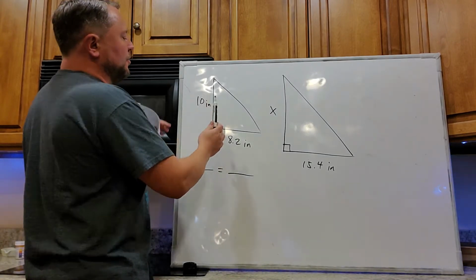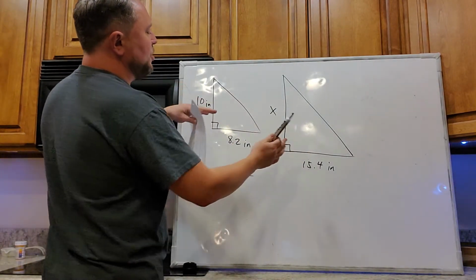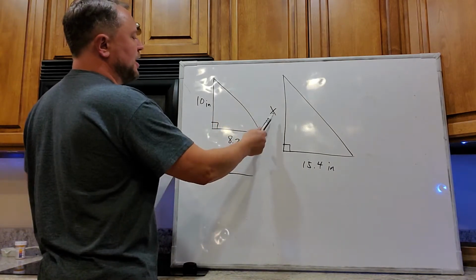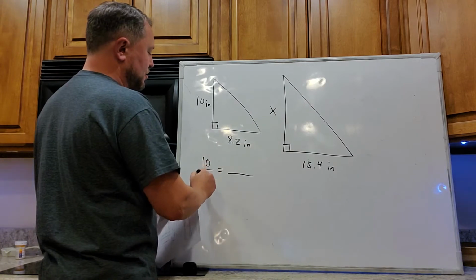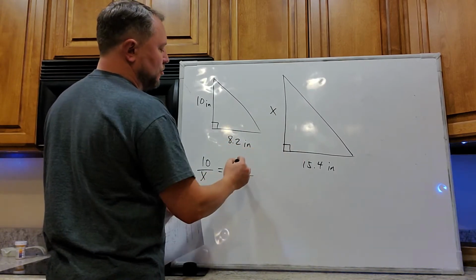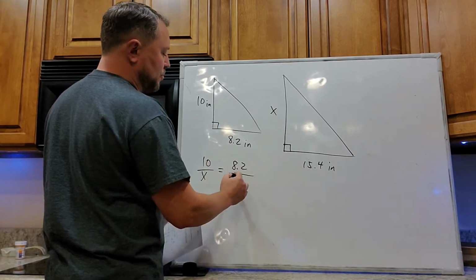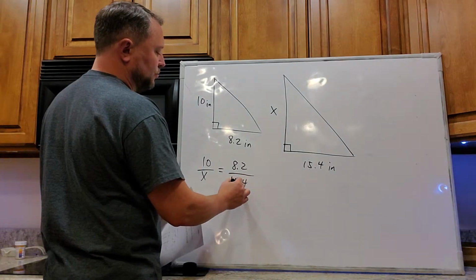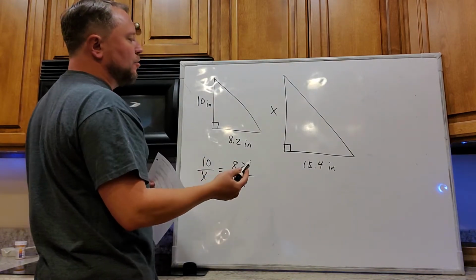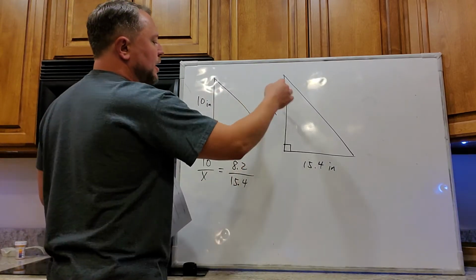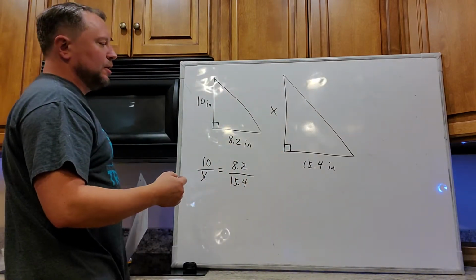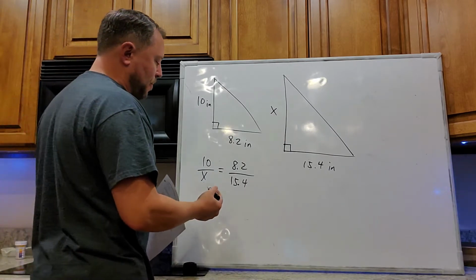If you see this as just a translation over, where this corresponds with this side and that one with that one, you could say 10 over x equals 8.2 over 15.4. Or any equivalent proportion. If you want to go 10 over 8.2 and then x over 15.4, just be consistent in your pattern.